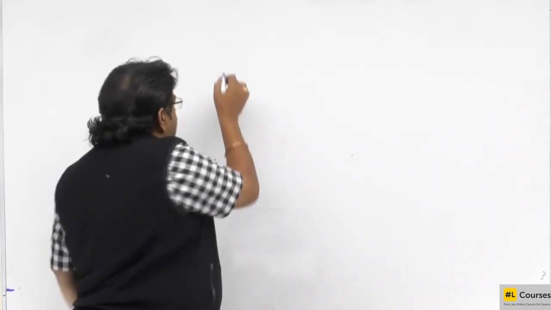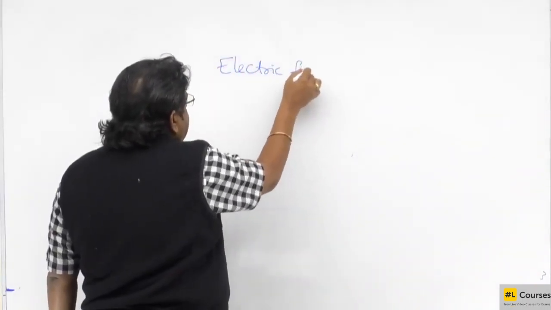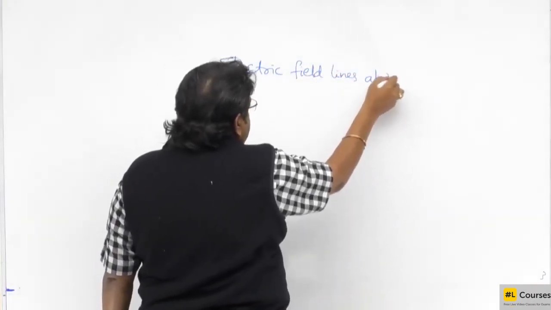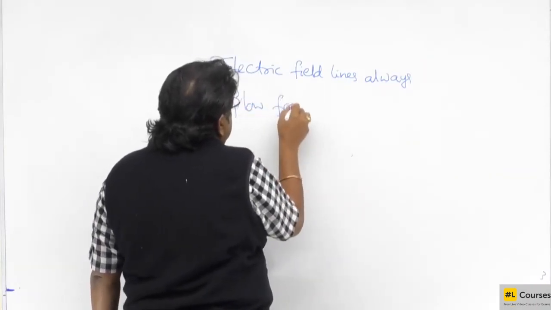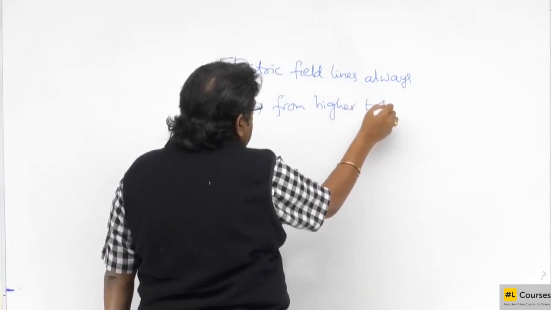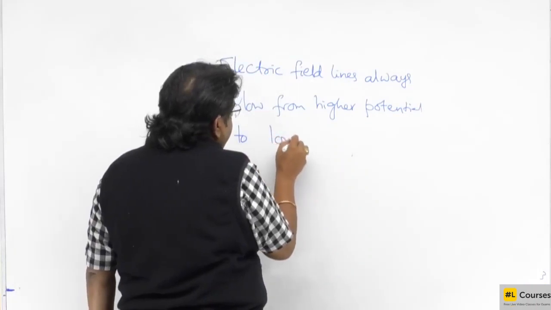Now higher potential, lower potential. What is the meaning? Electric field lines always flow from higher potential to lower potential. Remember, very, very important. Electric field lines always flow from higher potential to lower potential.